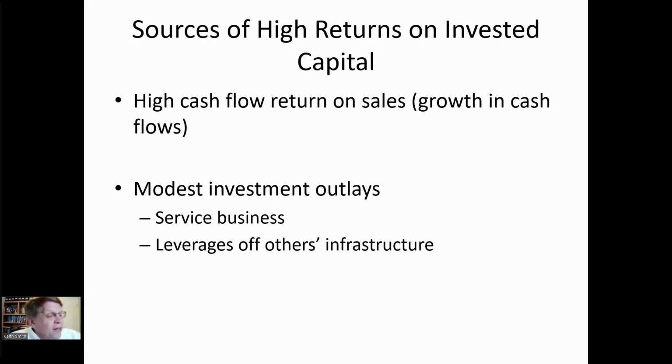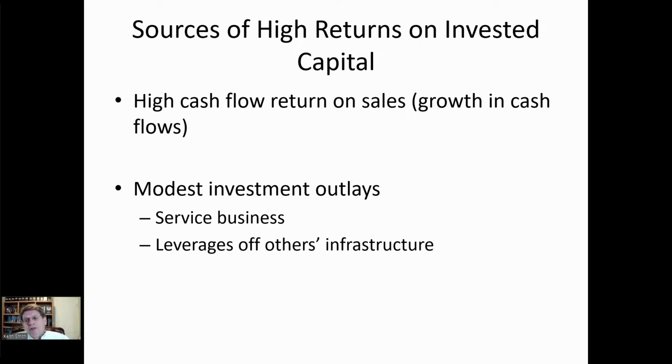So if we look at the sources of high returns on invested capital, there's high cash flow return on sales, which is basically growth in cash flows, and you want to try and get modest outlays. A lot of this would include service businesses.